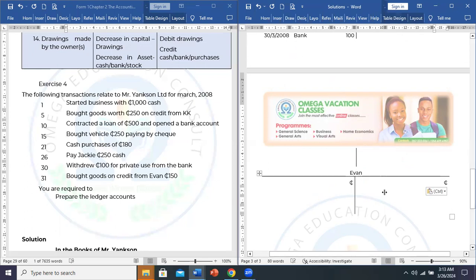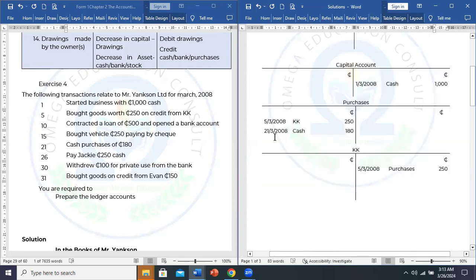Good. So we are going to credit Ivan since we bought goods from him without paying. So 31st March 2008, purchases, 150. And then we'll go to the purchases account since we already have it in our books. Then we debit purchases 31st March 2008, Ivan.